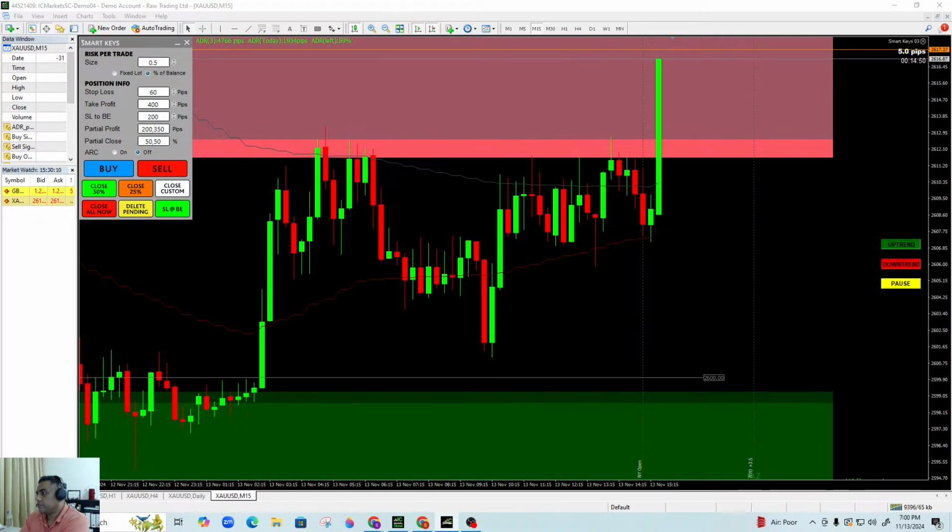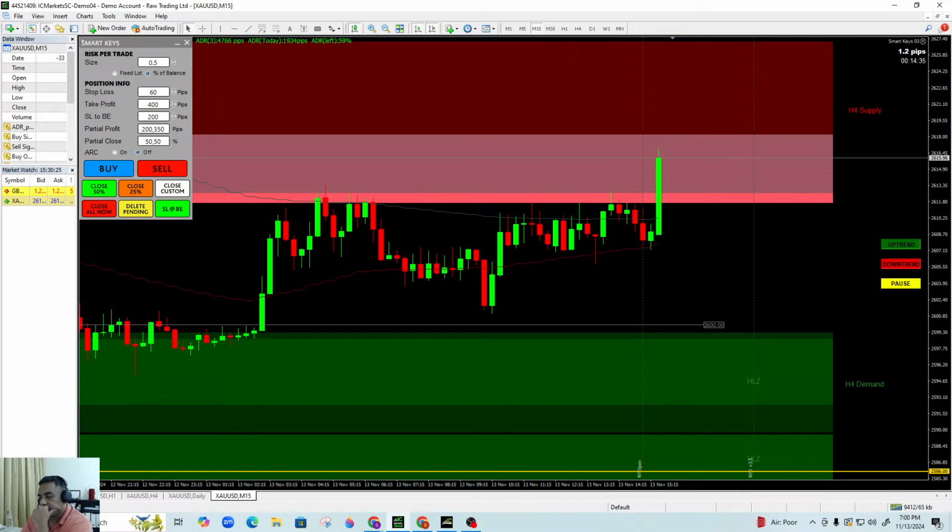Heading up. Yeah, we're pushing up. Once we break that high, we're heading straight up.